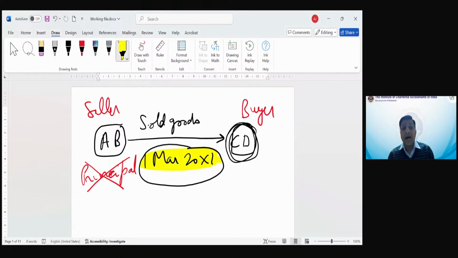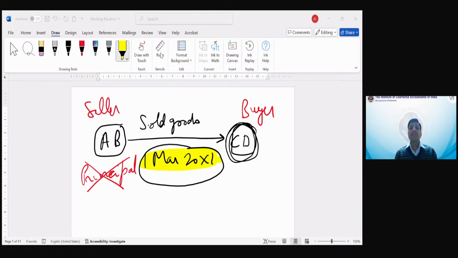On 1st March, will AB be clear about the consideration to be received? It says the buyer is on the lookout for funds, searching for loans. So can we say that on 1st of March, AB will be clear that the money will be received from the buyer? The answer is no.